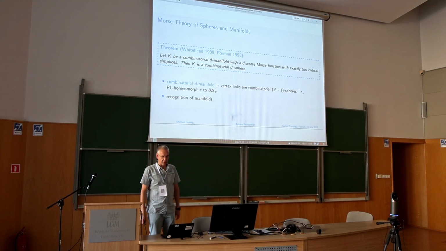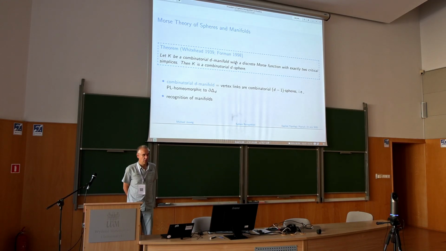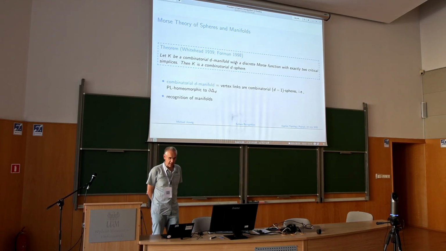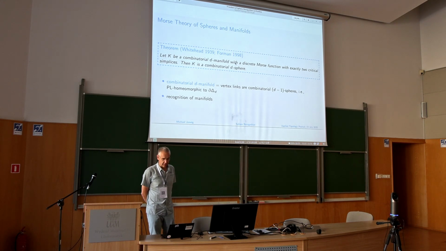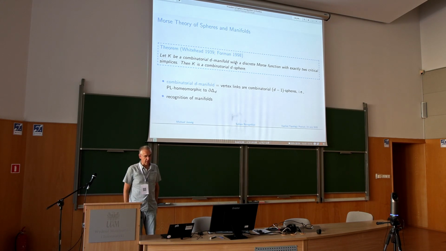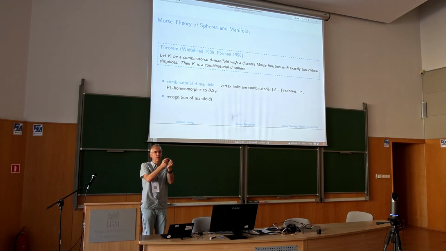If you have a discrete Morse function with exactly two critical simplices, one in dimension 0 and one in the dimension of the space, then this is a certificate that the combinatorial manifold is a combinatorial D-sphere. So combinatorial manifold means, this is reasonable in the PL setting, which means, well, if you want to be a manifold, what does it mean?